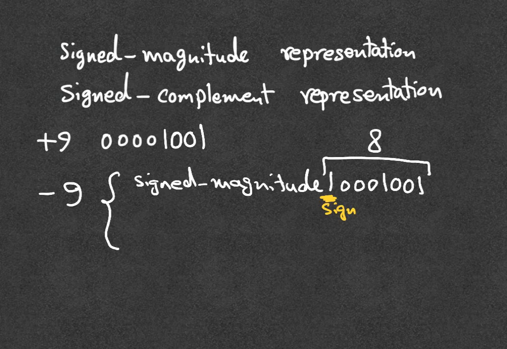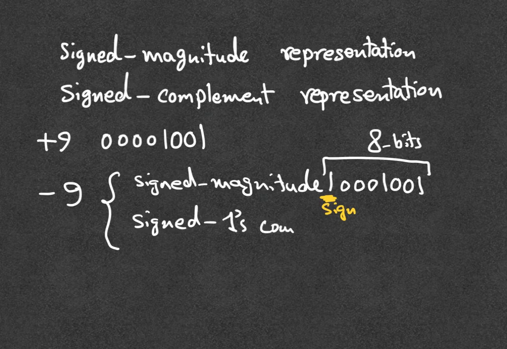So this is your sign bit, and it gives you minus 9 in the sign magnitude. In the sign 1's complement, you just get 1 1 1 1 0 1 1 0.